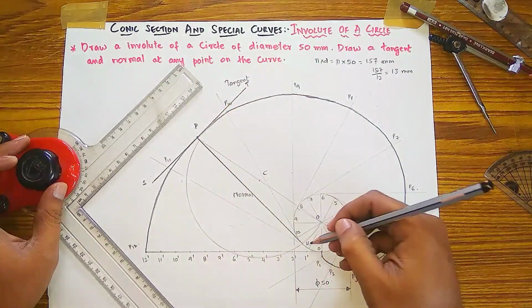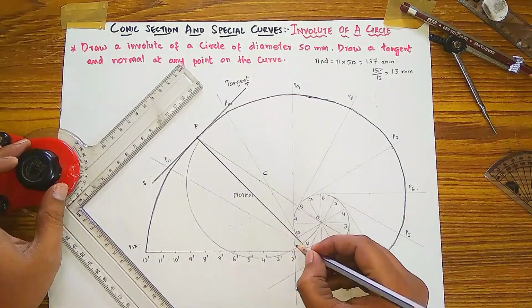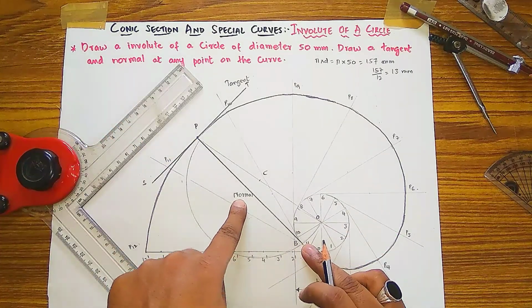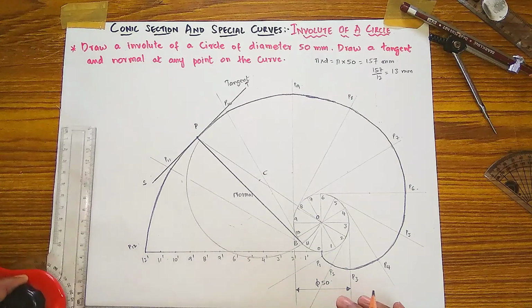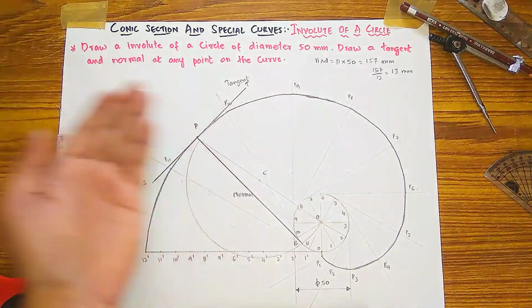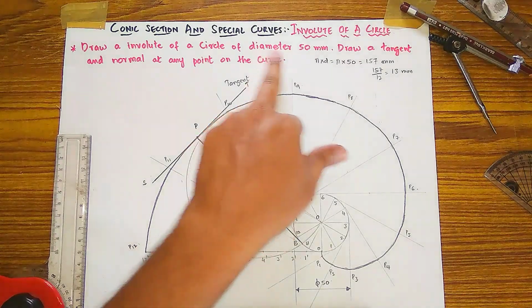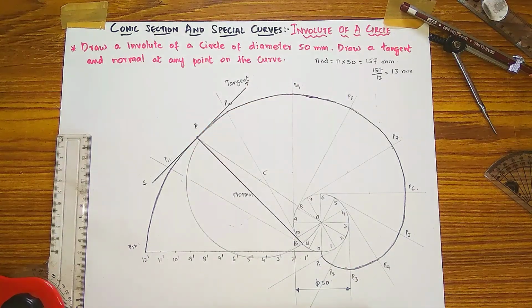And from P to this point, I will label it as B. From O to B, that line is the normal. So you have drawn the tangent and normal, and also constructed the involute of a circle as shown by the diameter 50 mm. So this is the complete solution of the involute of a circle.